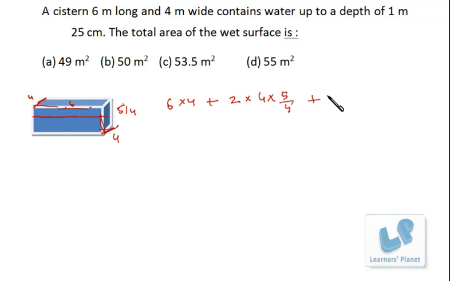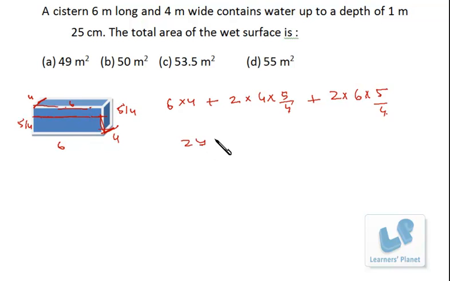Similarly, this length is 6 and this length is 5 by 4 from the two sides. So it is 2 into 6 into 5 by 4. Only the bottom surface we are counting once, because only the bottom of the tank will get wet, right?